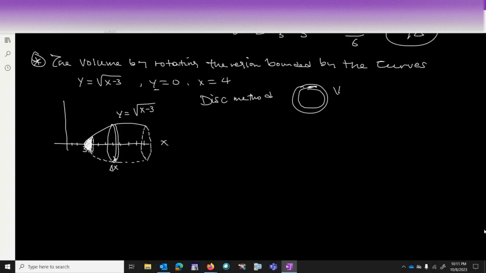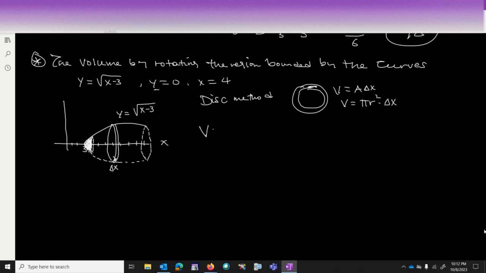So the volume is going to be the area of the disk times the delta x, three dimensions. So the volume is pi r squared times dx. By integrating this, I can find the volume of the intended region.